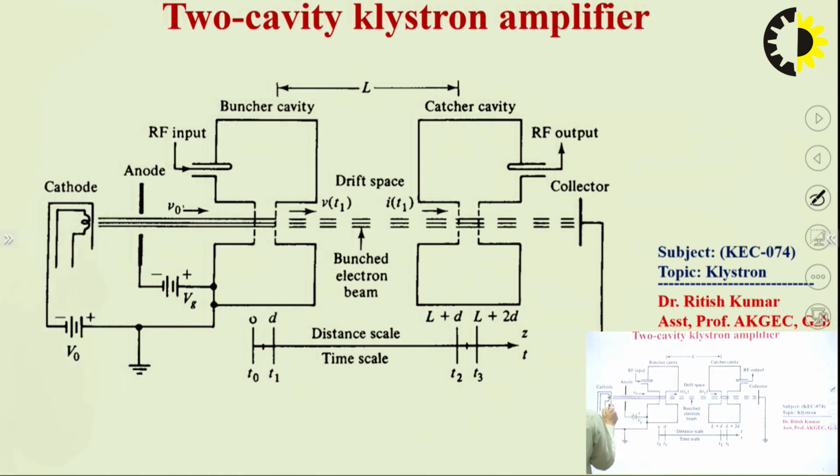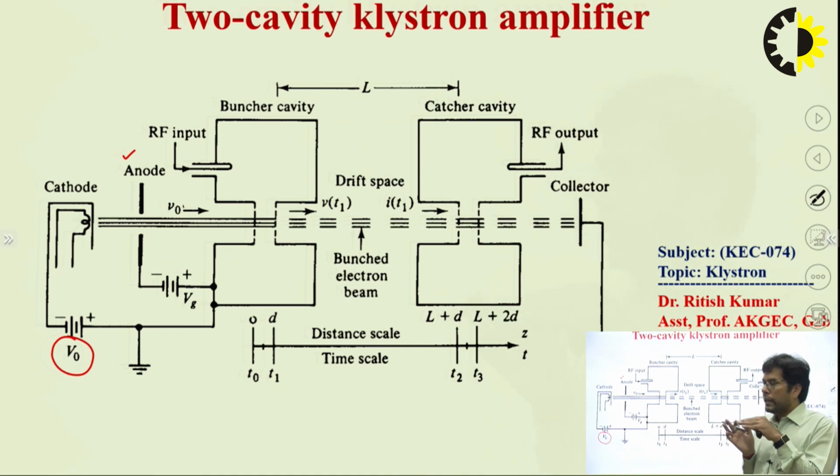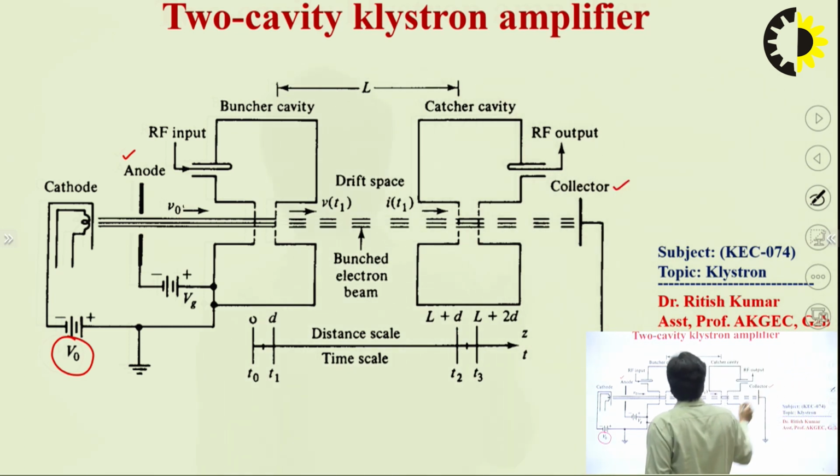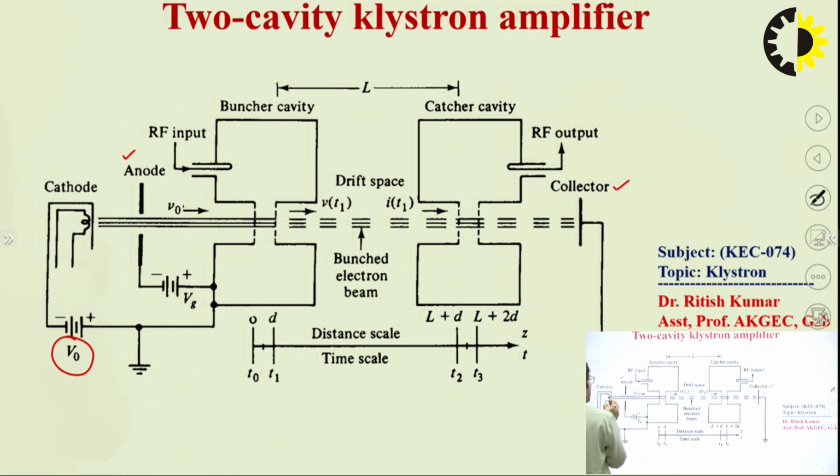This is the DC voltage V0 that is applied to the cathode, and the cathode always generates electrons. So an electron stream is generated through the cathode and this anode provides the focusing effect over the electrons so that the electrons can be directed towards the buncher cavity, catcher cavity and collector with the help of the anode. This provides the focusing effect.